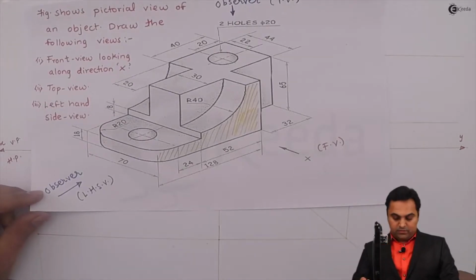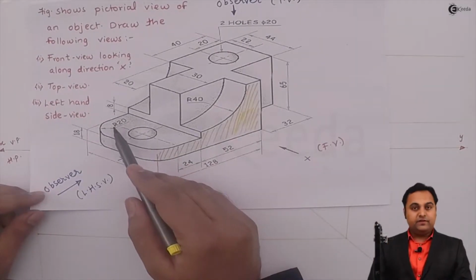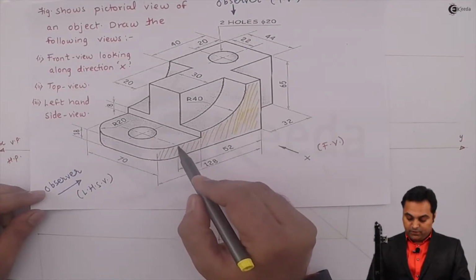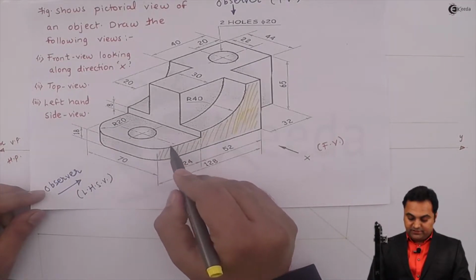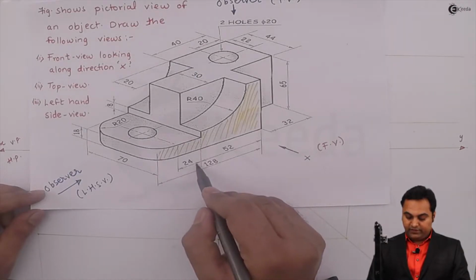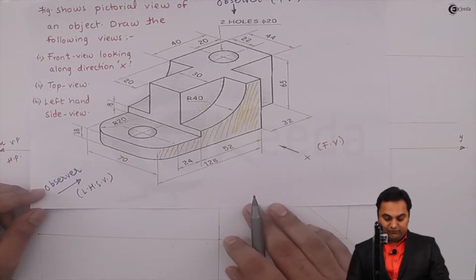After that, here it is given that this quarter circle has a radius of 20. So I can say that here this will be the same center, and if this is 20, here it is 24. So that gives me 44 as the length.